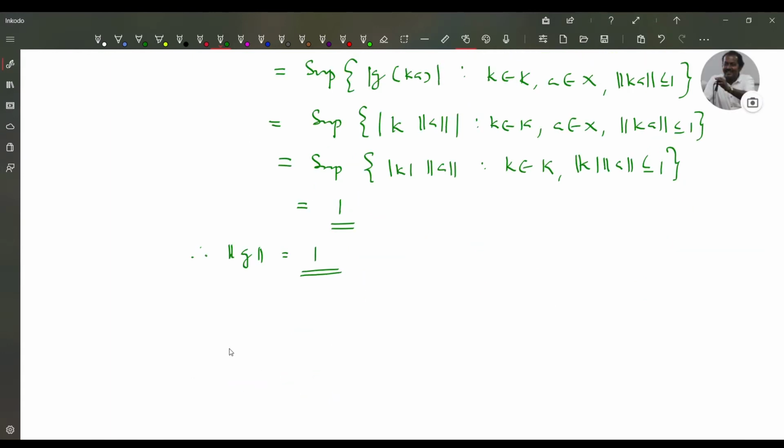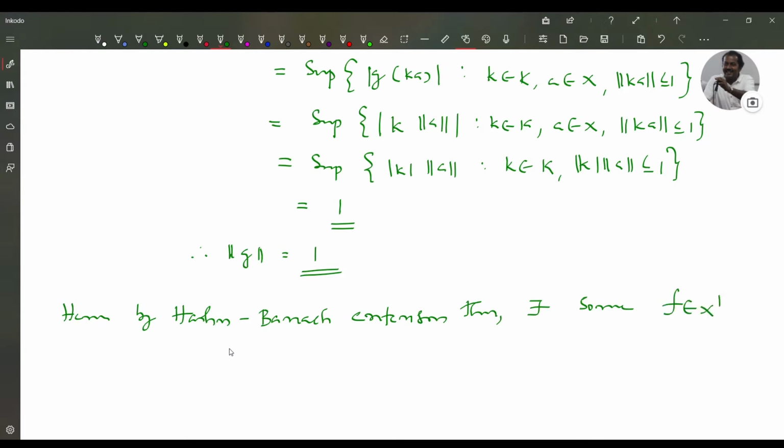Hence by the Hahn-Banach extension theorem, there exists some f in X* such that f restricted to Y equals g and norm f equals norm g, that is equal to 1.